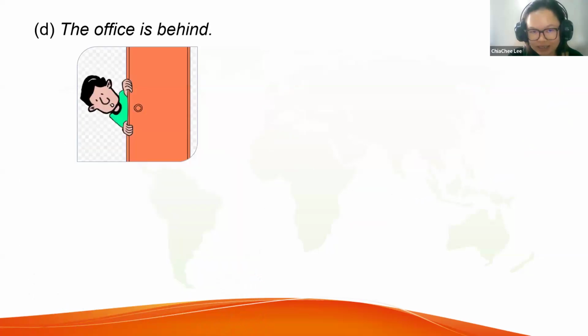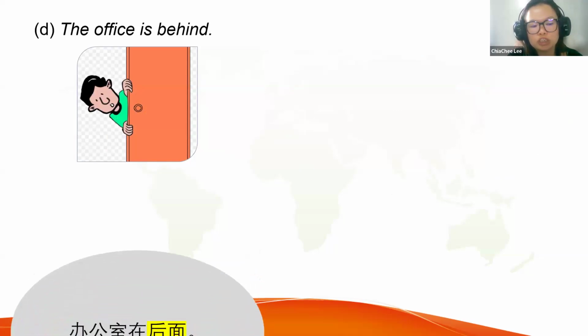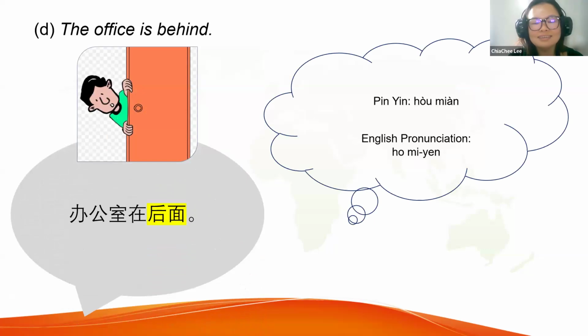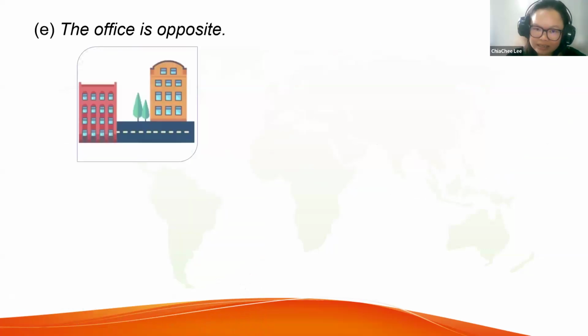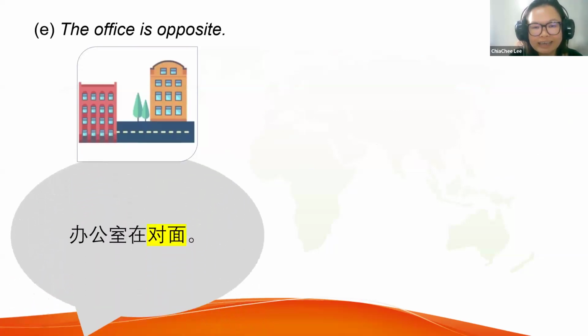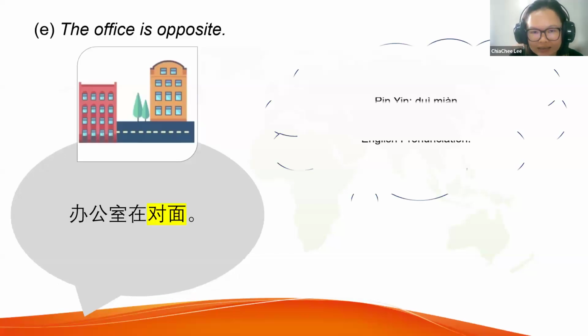The eyes cannot see when the office is behind, 办公室在后面. When the office is opposite, a little bit far, it's called 对面, 办公室在对面.